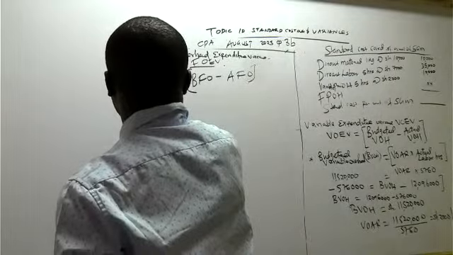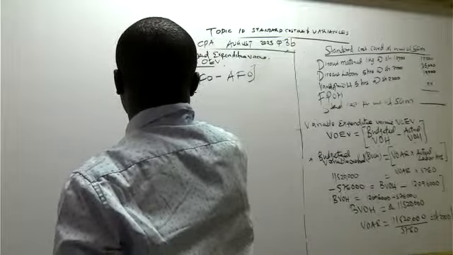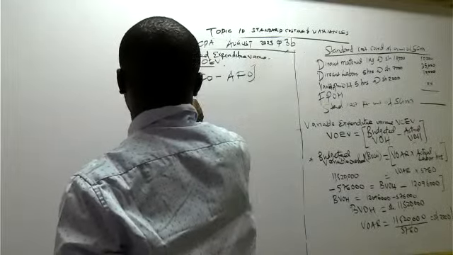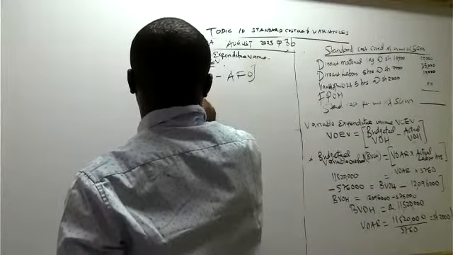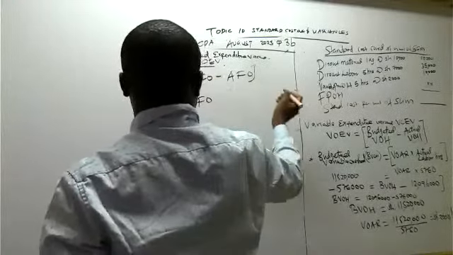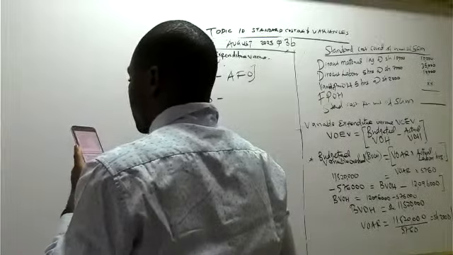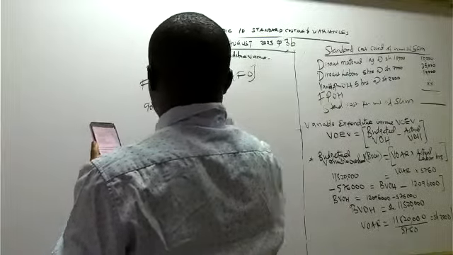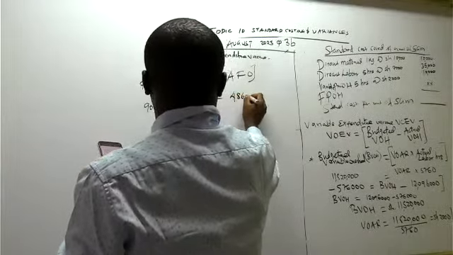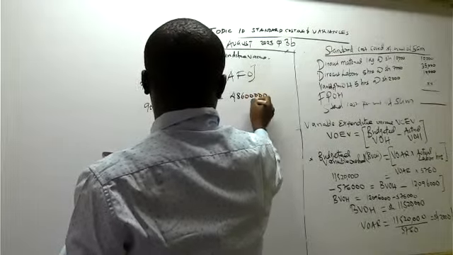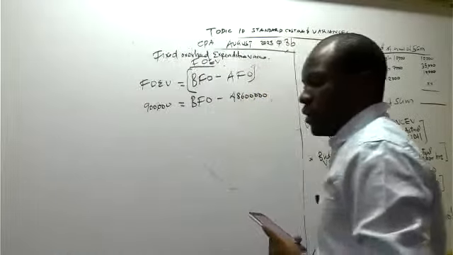So 900 favorable, that is positive, is equivalent to budgeted fixed overhead, which we are looking for, minus actual fixed overheads, which is 600,000. That's what we have.